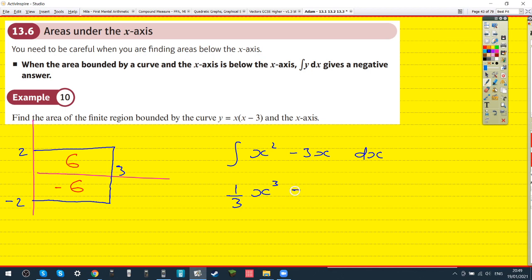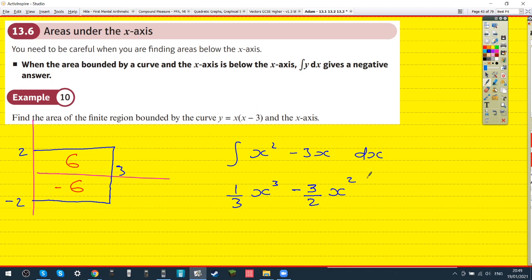The other one would just be minus 3. You're thinking of differentiation. Oh, so it'd be plus 1. So it'd be power of 2, and then you divide it, minus 3 over 2 to the power of 2. Yeah, that's it.